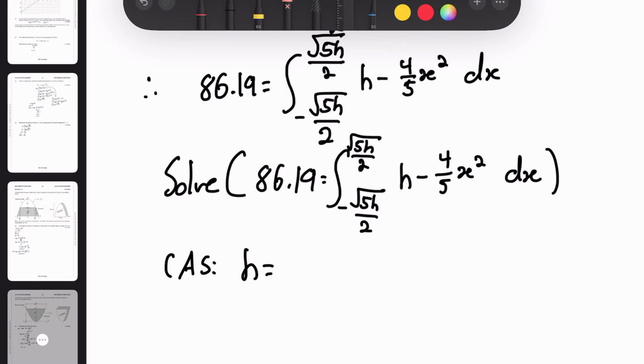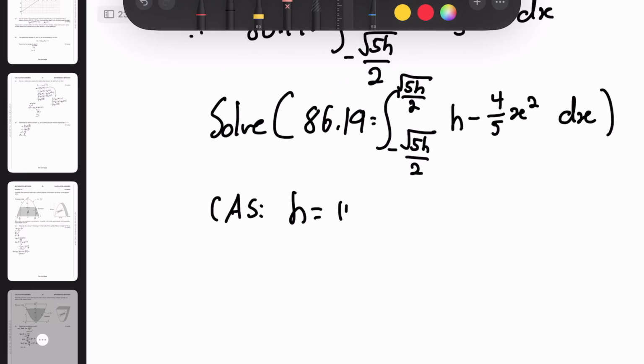But then I want y. Okay, then I get that y is equal to 14.95 centimeters, which is the answer. Nice.